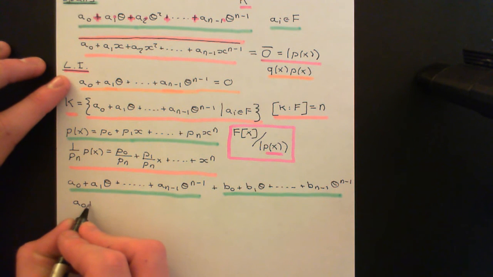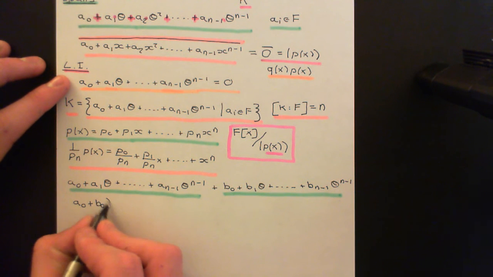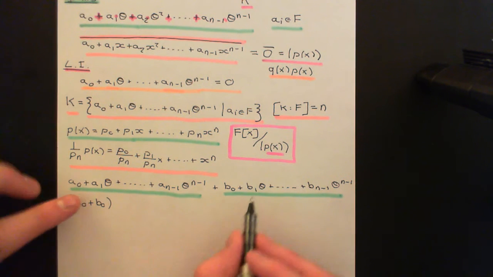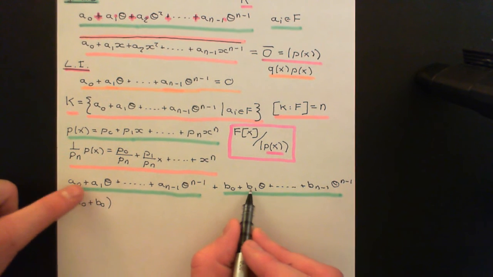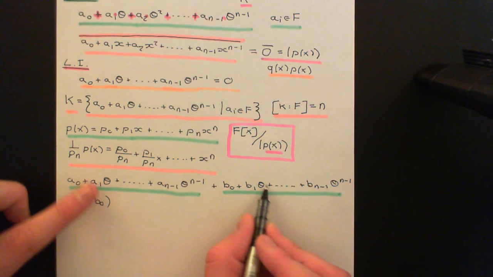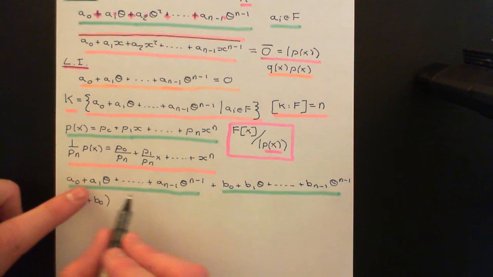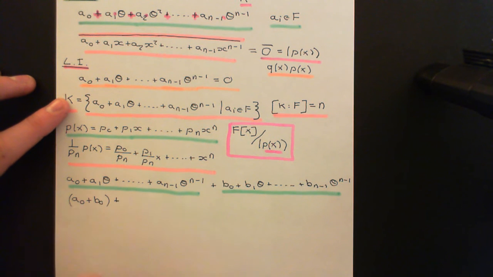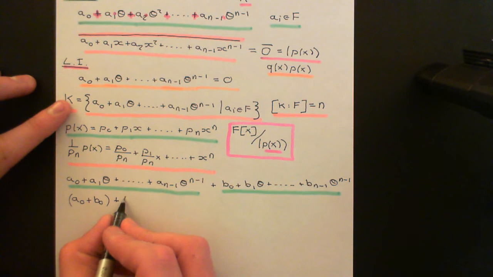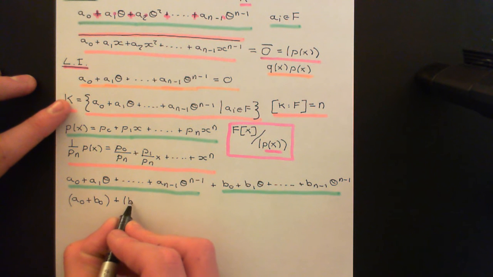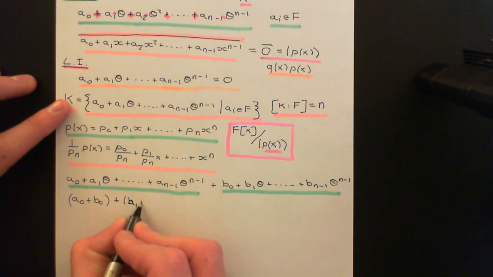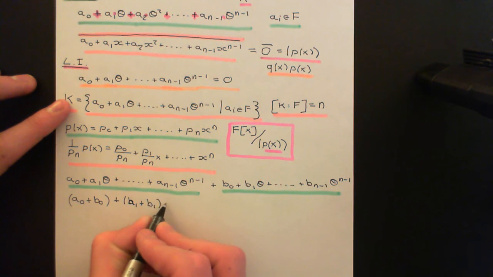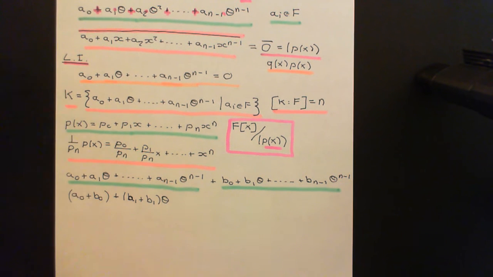We'll have a0 plus b0 here, and we might as well put brackets around that nicely. Then we'll bring these two terms which have a theta in them next to each other, and then we'll factorize out the theta, because again we're working in a field, and multiplication in the field is going to distribute over addition, so we'll get a1 plus b1, times theta there.